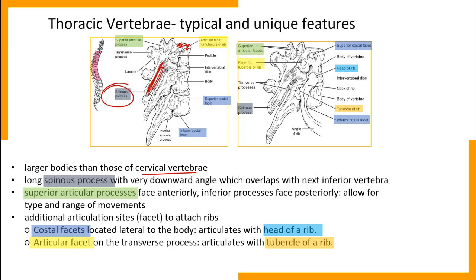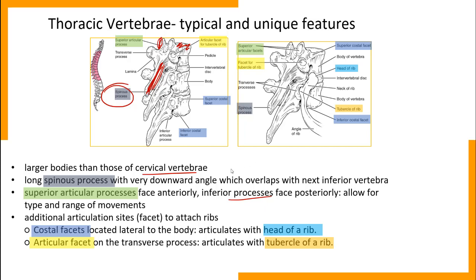So this is the one that you can typically feel in your back or a friend's back. The superior articular processes on the top face towards the front, and the inferior processes face towards the back. But the most important part of the thoracic vertebrae is this. It attaches to the ribs.